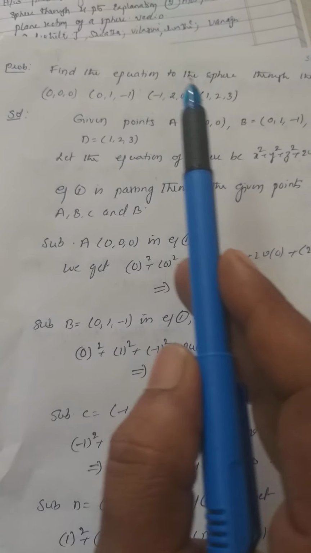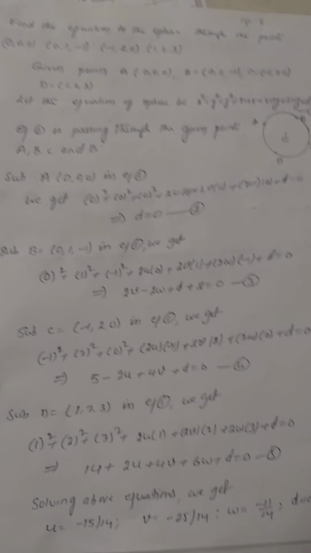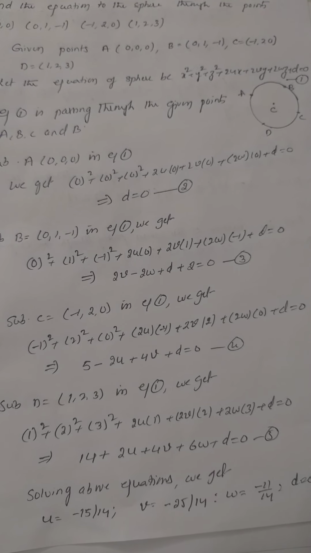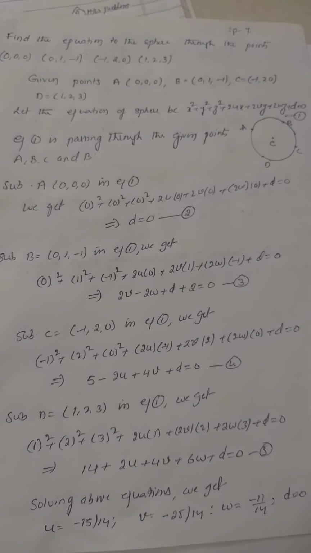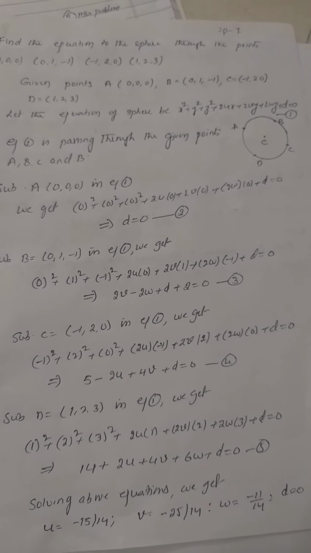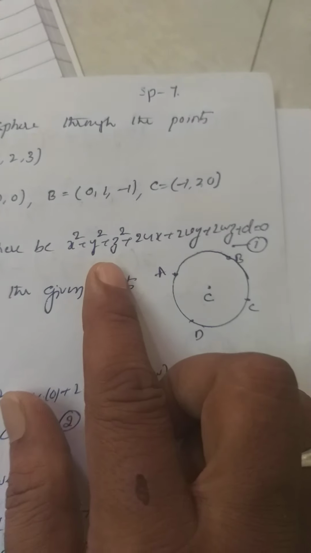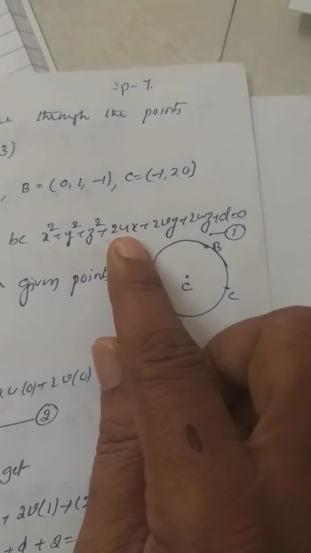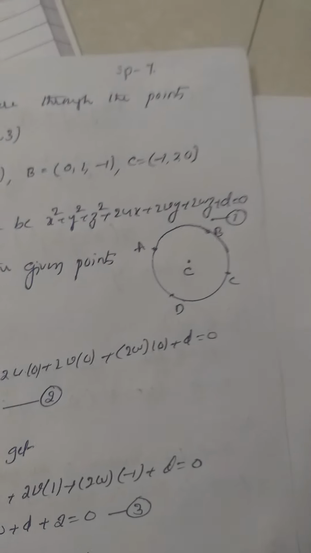This is A, B, C, D, right. Now what are the given points? How many points are there? 4 points are there, A, B, C and D, right. Now sir, why 4 points? What is the general equation of a sphere? The general equation of a sphere is x square plus y square plus z square plus 2ux plus 2vy plus 2wz plus d is equal to 0.